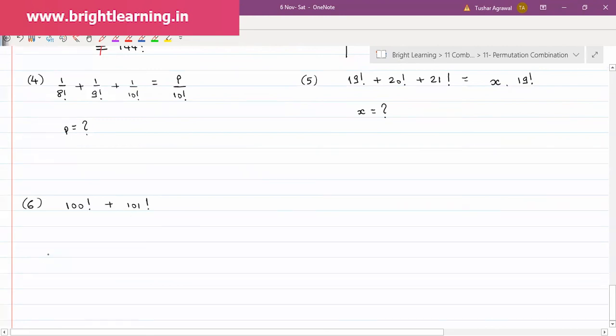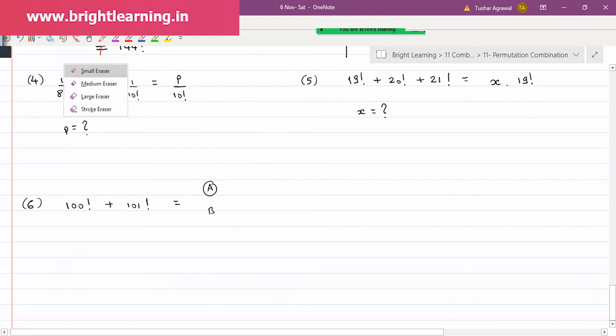If I intend to give you this question, I will not ask you what is the evaluation of 100 factorial plus 101 factorial. My options will be something like this: option A, option B, option C, option D. My option A is 99 into 101 factorial.